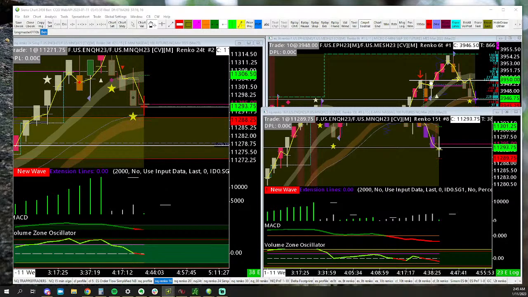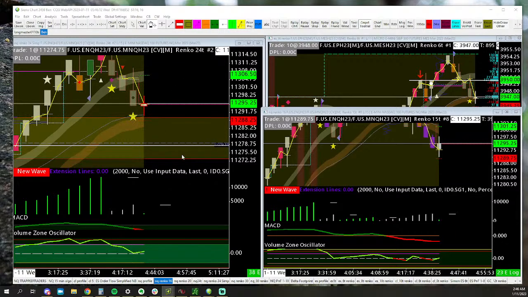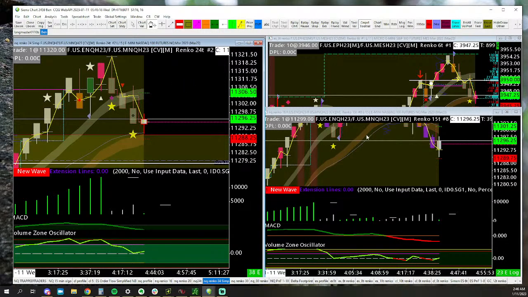Come on. Yeah, they're not going to let me out. That's okay. I took a 2.5 point loss for a misclick. Because it can't be a purple bar now.